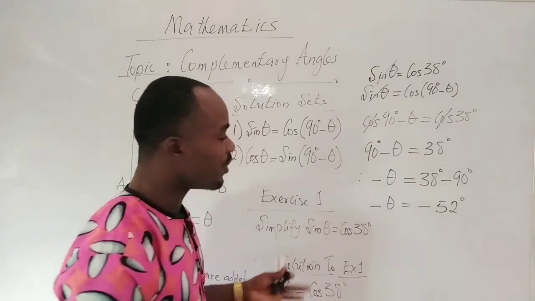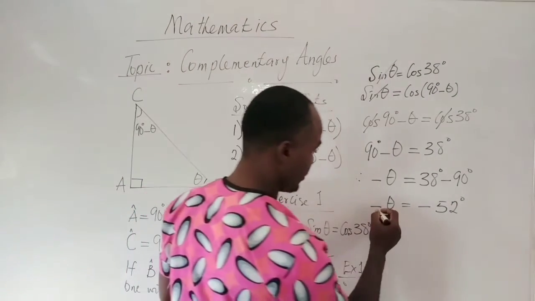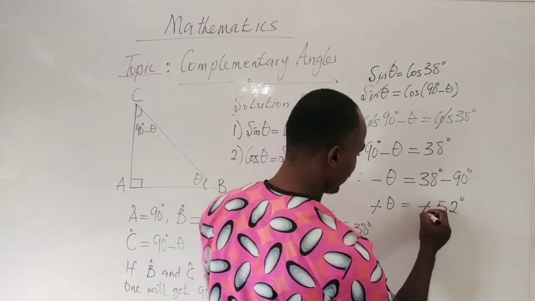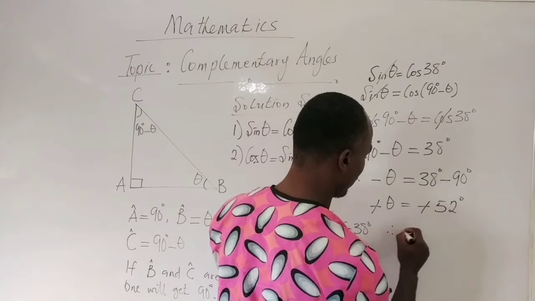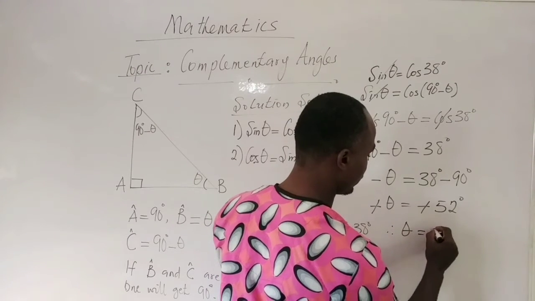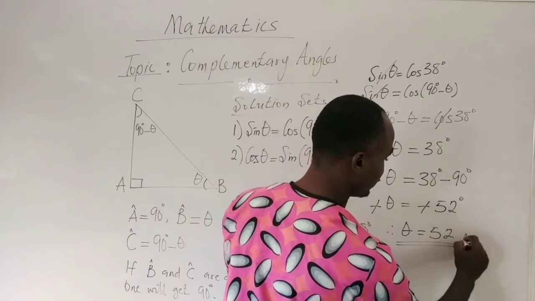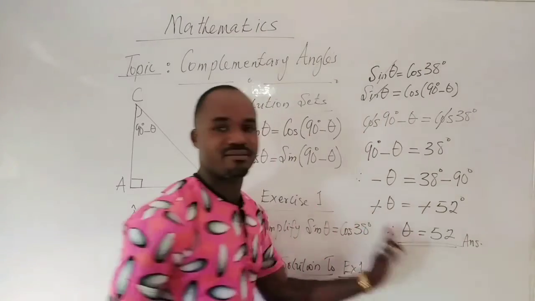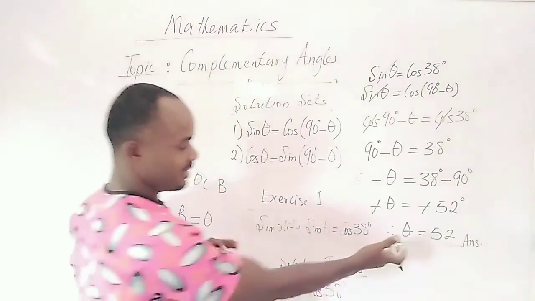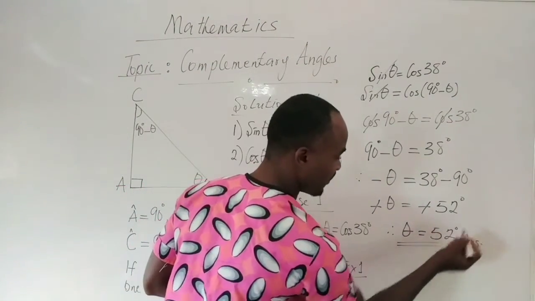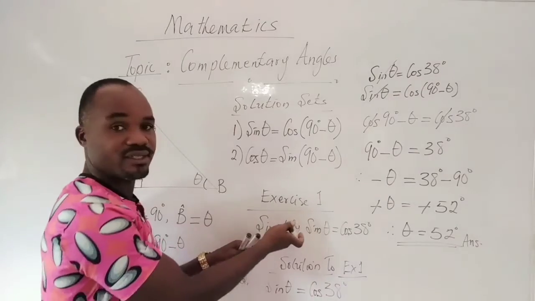At this point, what we need to do is to cancel the sign on both sides. We now have, therefore, theta is equal to 60 degrees. This is just the answer. Solved.